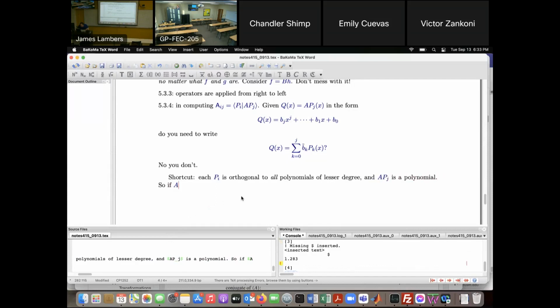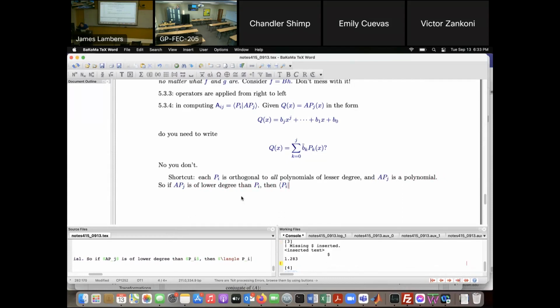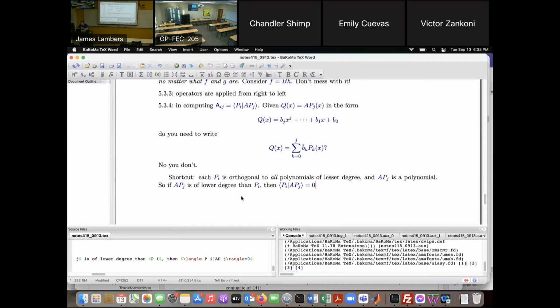So if A p_j is of lower degree than p_i, then the scalar product will have to be 0. So that makes a lot of entries 0 right off the bat. I'll leave it to you to figure out, if p_j is of degree j, what is the degree of A p_j?